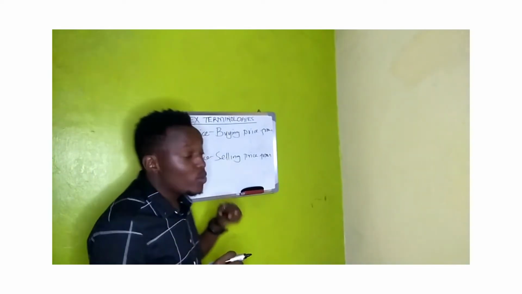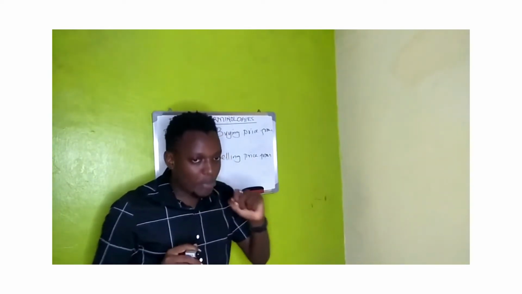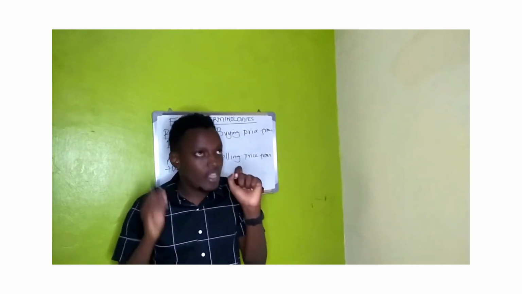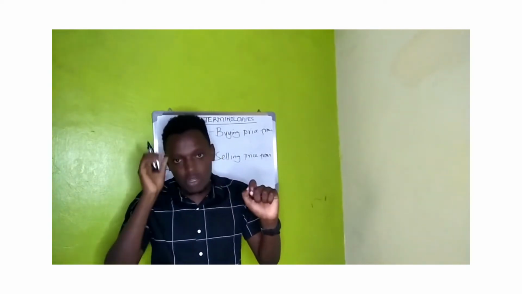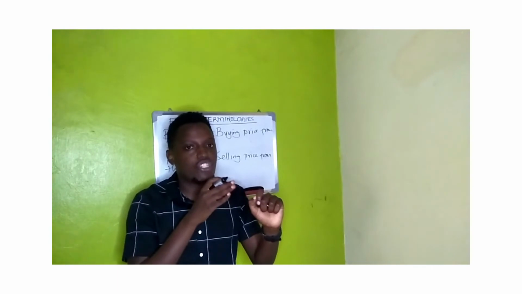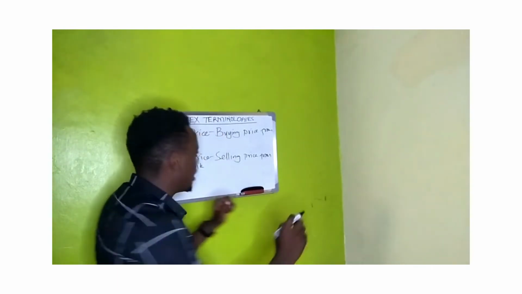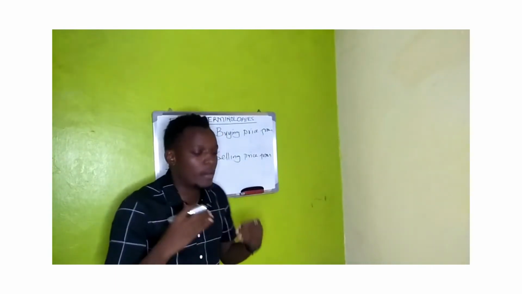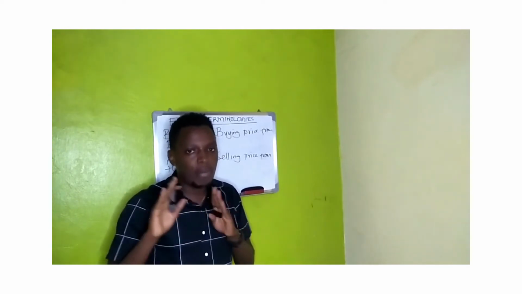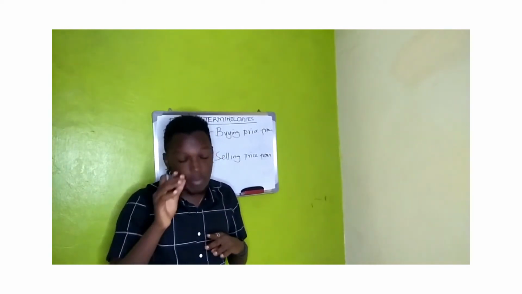So this is the rate at which the bank is buying from me. Hypothetically, if I took $1 to the bank and tried to exchange it, let me give a ballpark figure for this explanation.